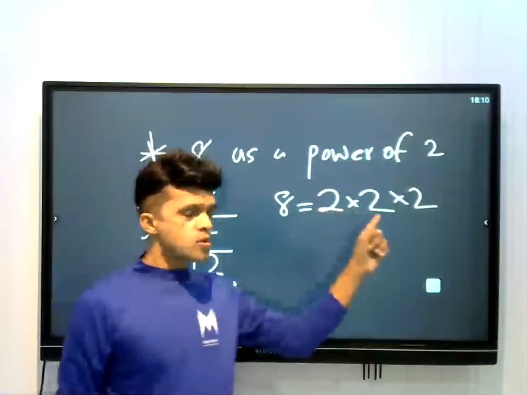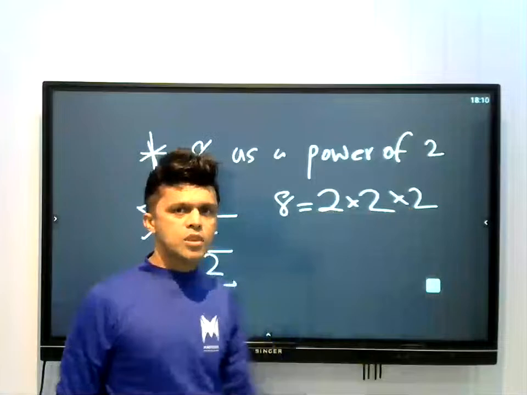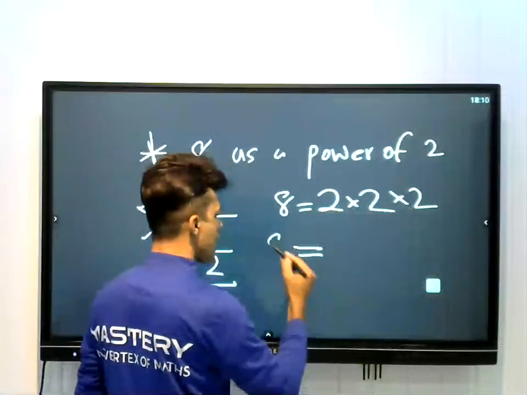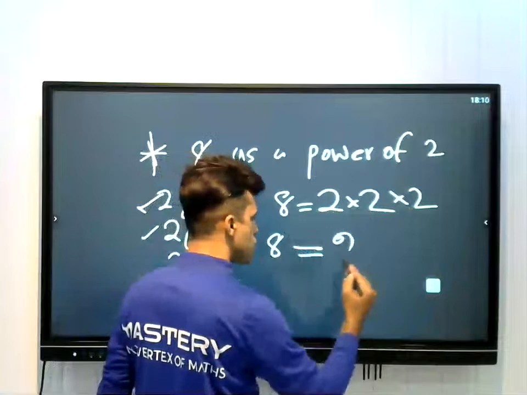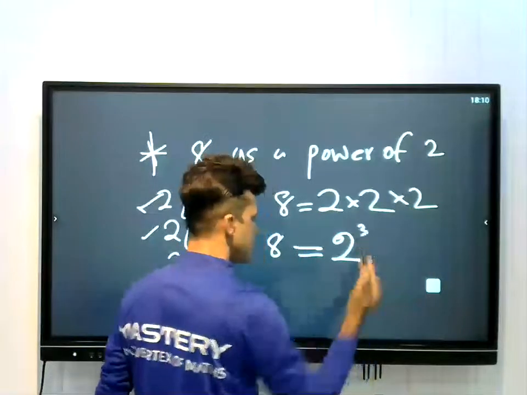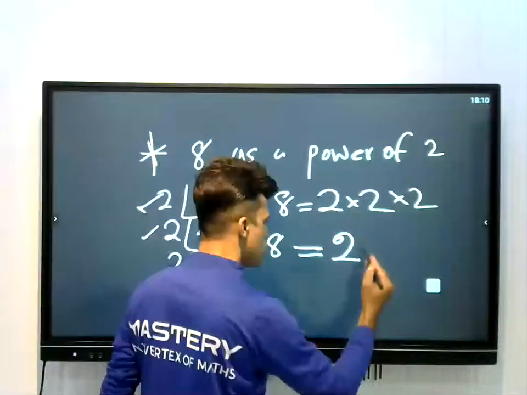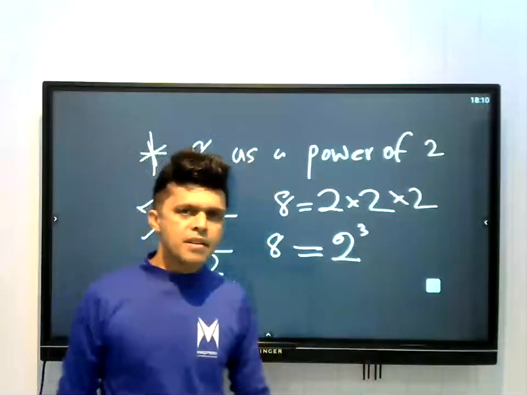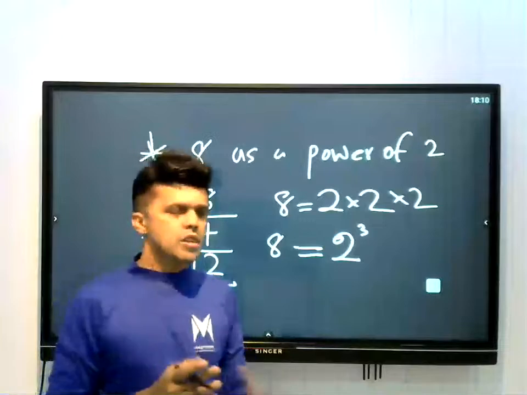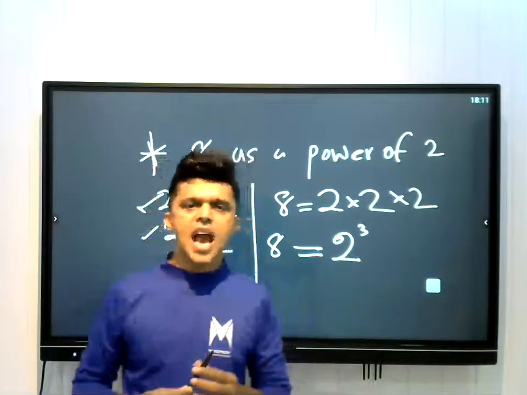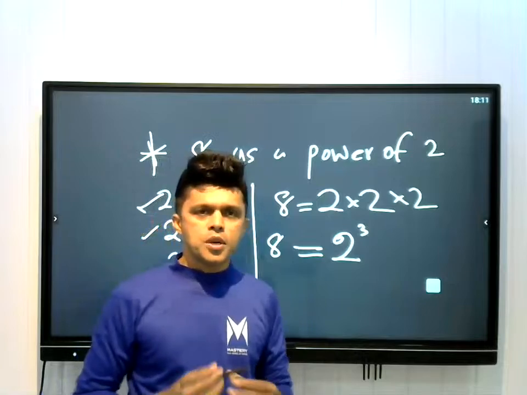We do not take the 1 generally. 2 times 2 is 4, 4 times 2 is 8. So 8 equals 2 to the power 3. So we have written 8 as a power of 2.